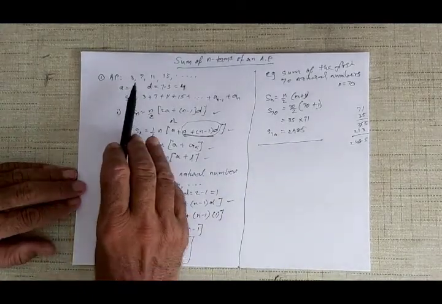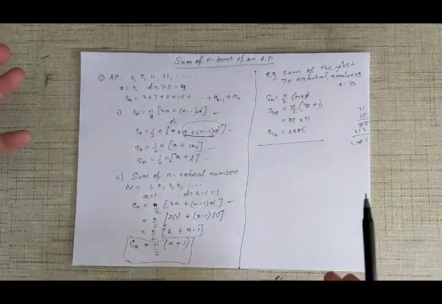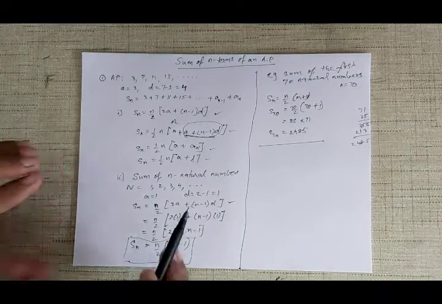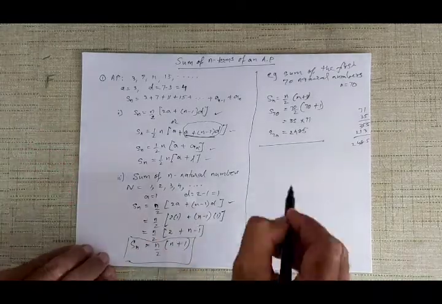Alright, so now you can see the sum of any number of terms for any given AP, you can find. You can specify it if it is natural numbers. Let us take another one.